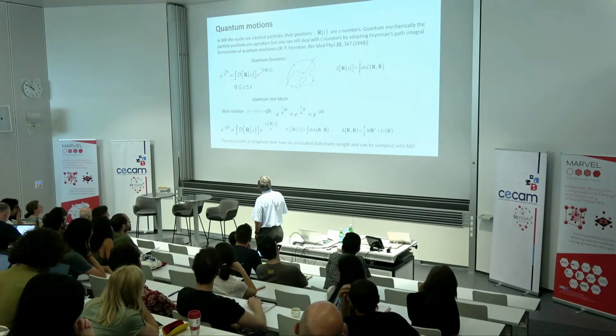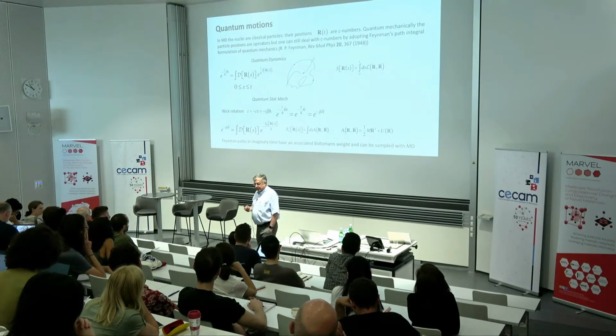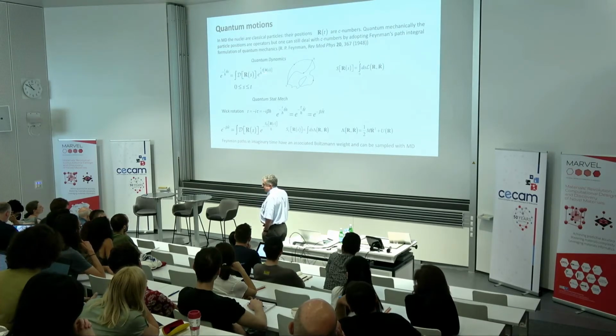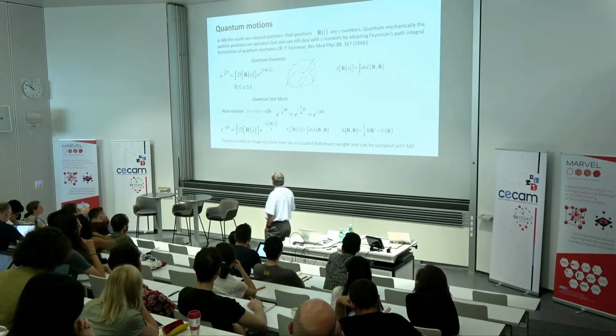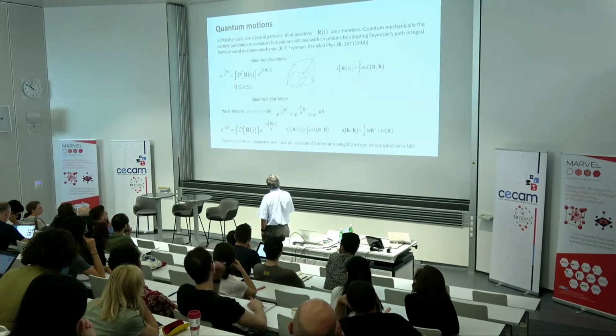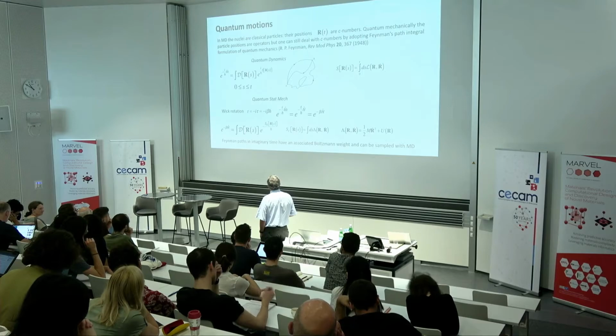And the action, I said before, was a functional of the Lagrangian, but I can see it also as a functional of the path. So that is the representation of the time propagator in quantum mechanics.